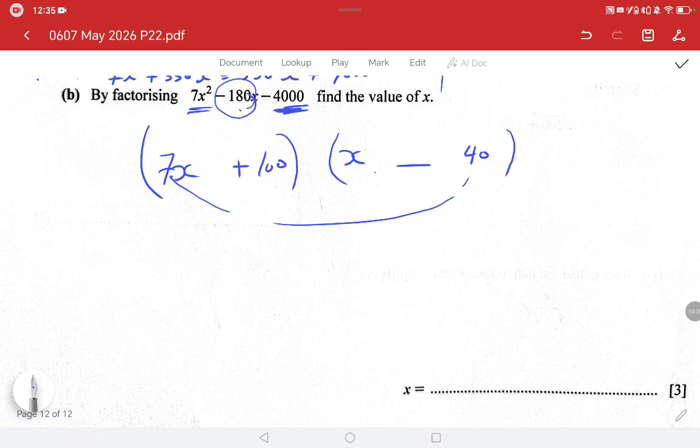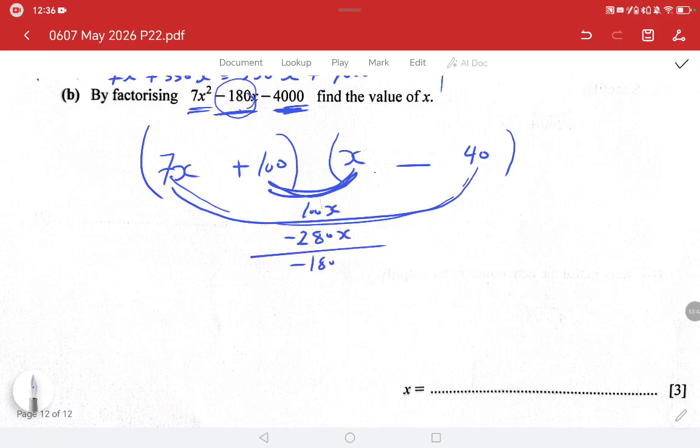If I want to double check, I can multiply what's inside and multiply what's outside, and take the sum to check: is it negative 180x or not? This one is 100x and the other one is negative 280x. If you add them, it's negative 180x. Yes, you are correct.